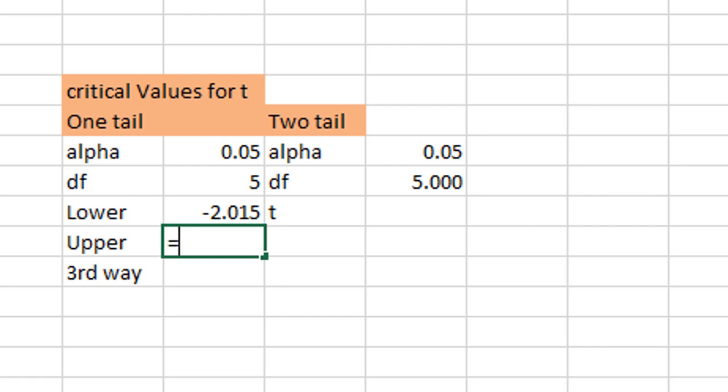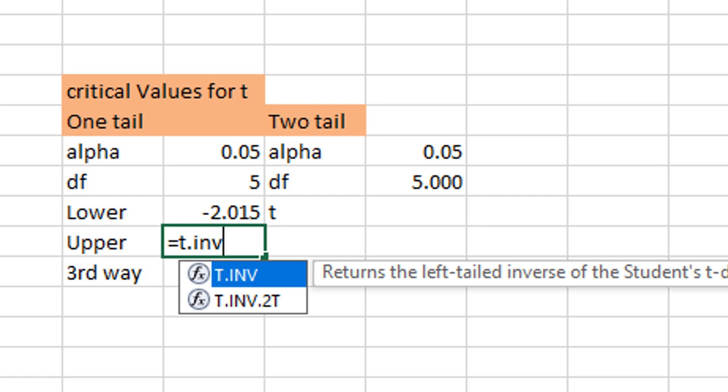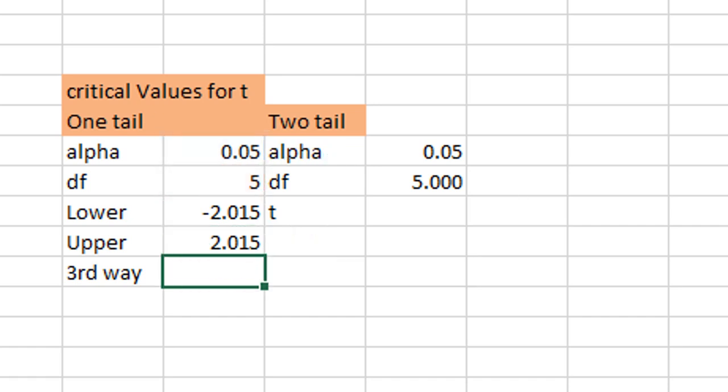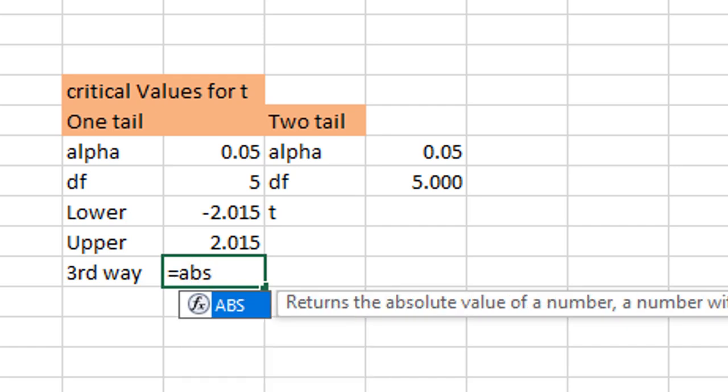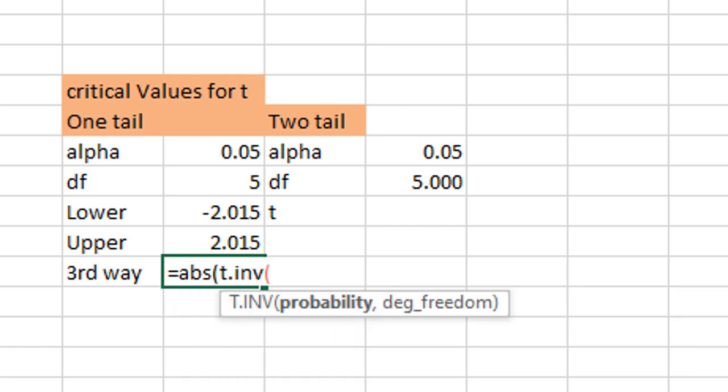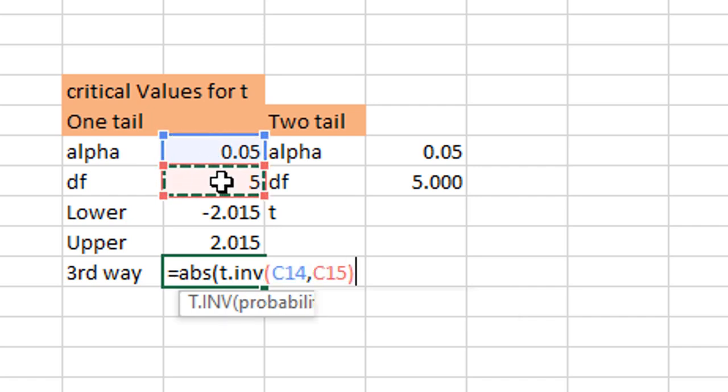Now I want to calculate this for the upper tail test. T.INV, subtract our probability from 1 and use the second argument of degrees of freedom. To calculate in another way, I am showing the absolute value of the T.INV function. For probability, select and select degrees of freedom.